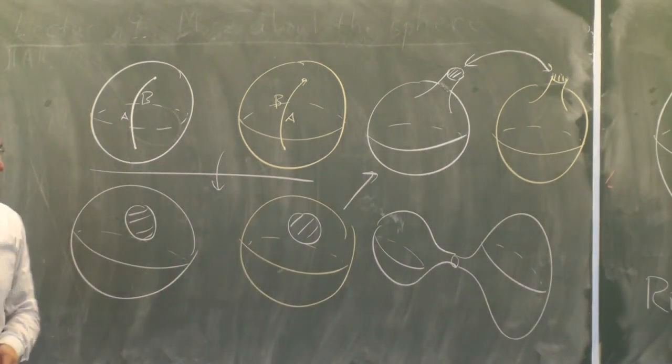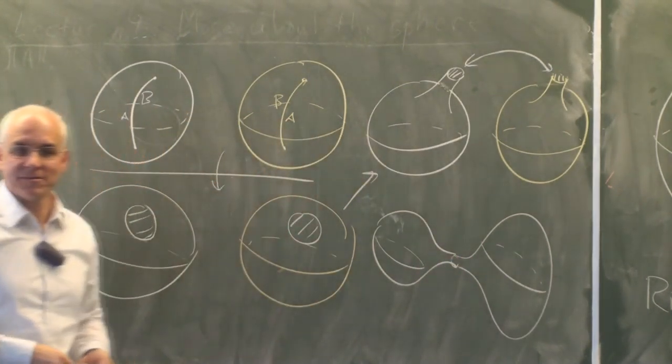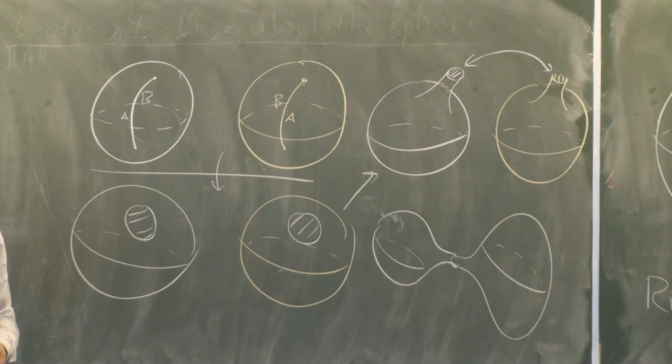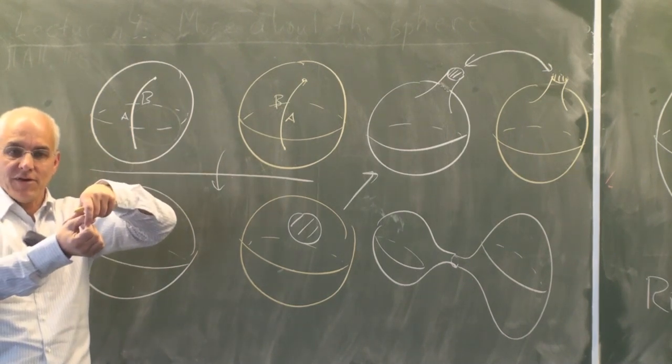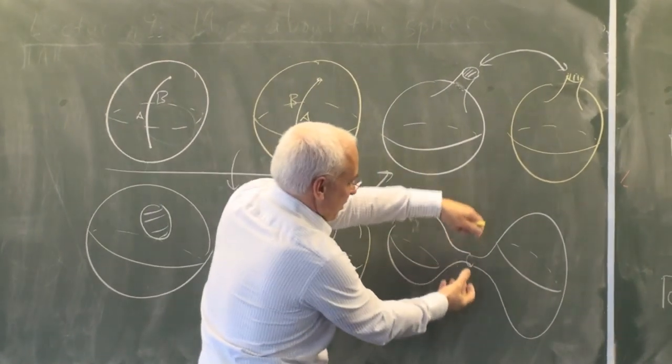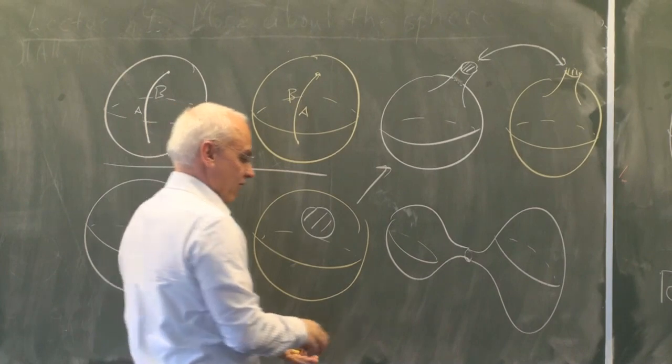And what's the resulting object? It's another sphere. It's still a sphere. It's just a sphere with, we've sort of squeezed a neck out of it. But if we allow this to blow up and we pumped air through it, it would become rounder again. It's still a sphere.